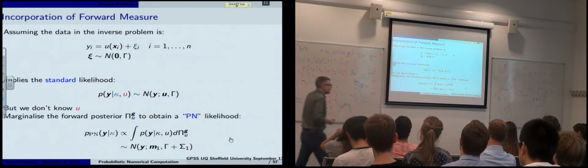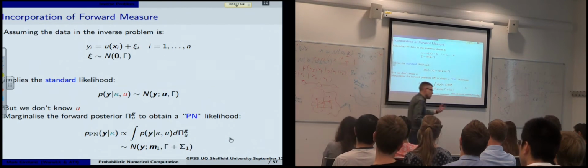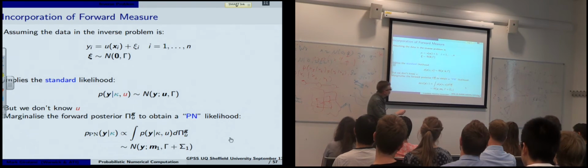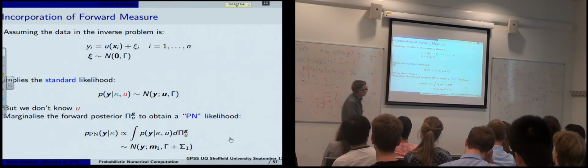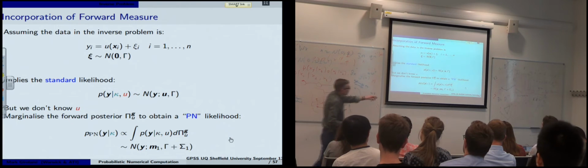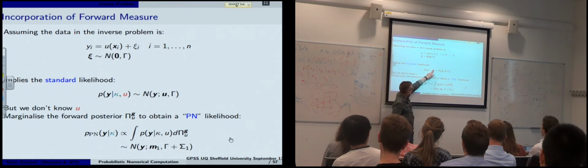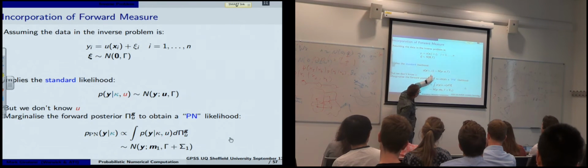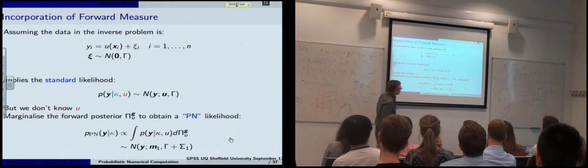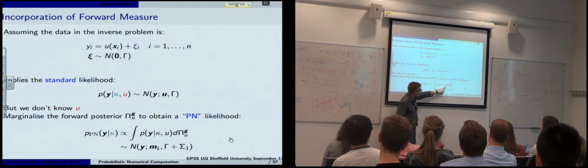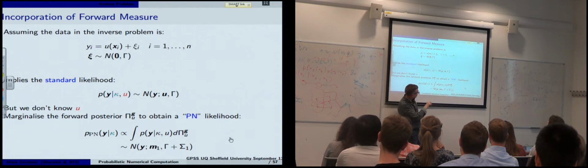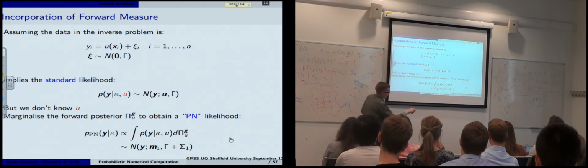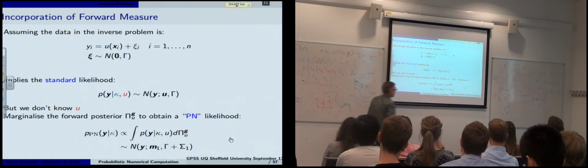But remember that when we solve our PDE probabilistically, we have our posterior probability measure over the function u given our probing of the domain. And so we can marginalize the value of our unknown function u by taking the likelihood, weighting it with the posterior and integrating with respect to the posterior measure of u.